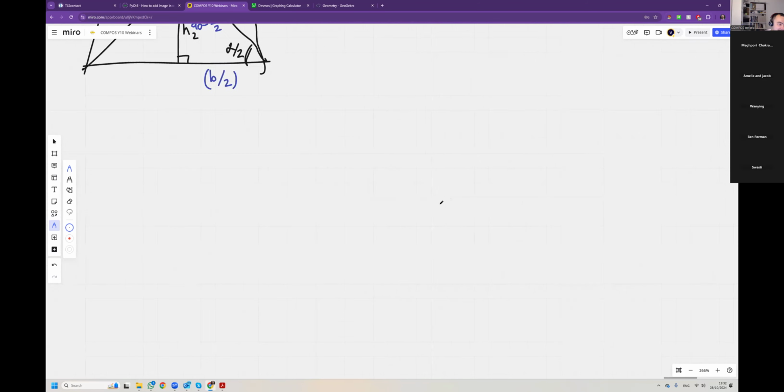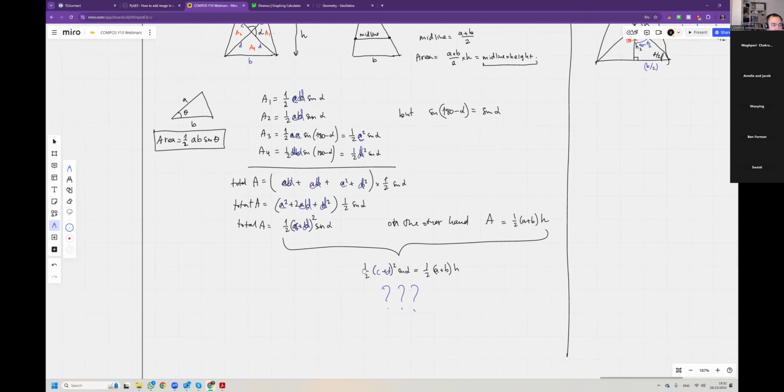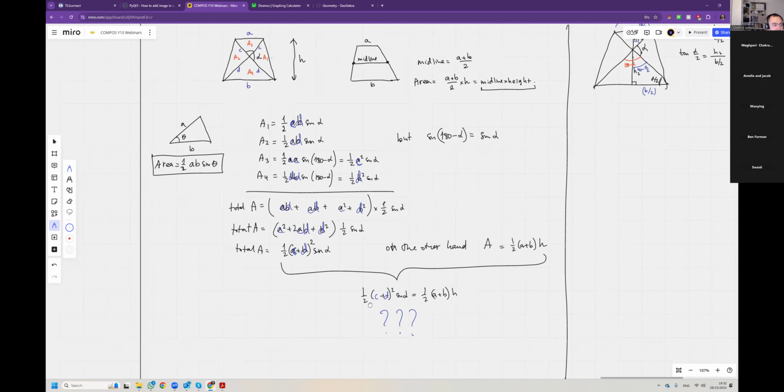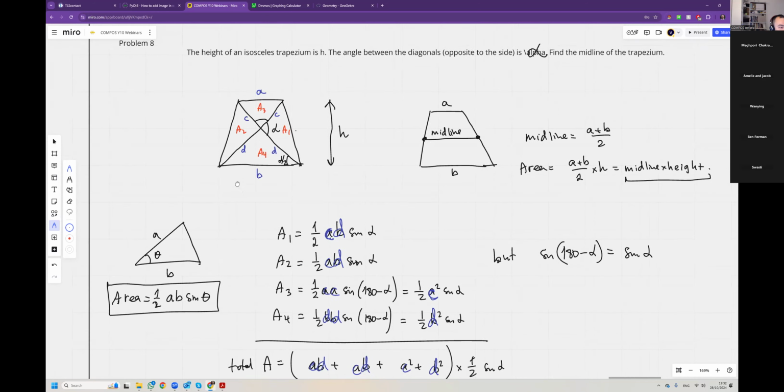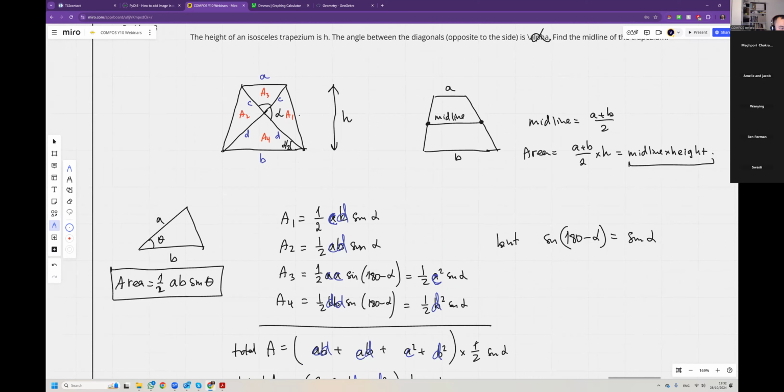Midline. And coming back to this, what can we say? How is it linked? Oh, of course, this is alpha over 2. And we can say that tan alpha over 2 is, no, without splitting it in half, it doesn't really work.